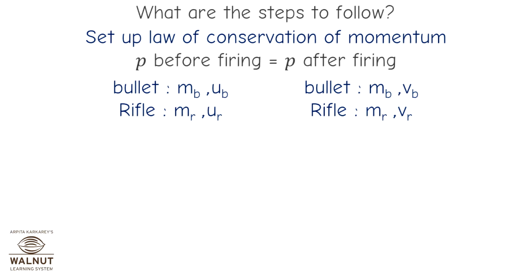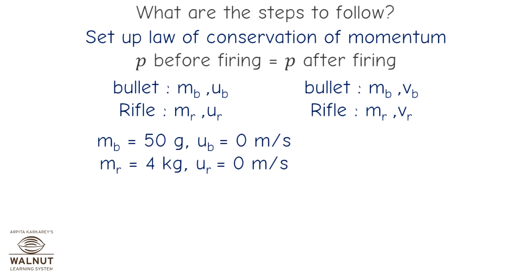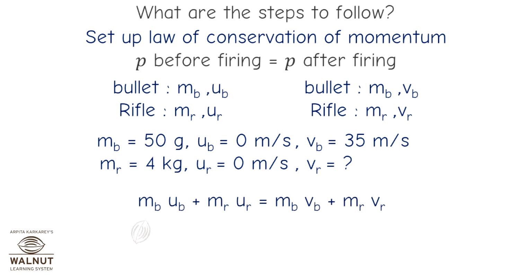Before firing for rifle mr and ur, after firing for rifle mr and vr. mb is equal to 50 grams, ub is equal to 0 meters per second, vb is equal to 35 meters per second, mr is equal to 4 kgs, ur is equal to 0 meters per second, vr is what we have to find out. mbub plus mrur is equal to mbvb plus mrvr. Now you can solve it.